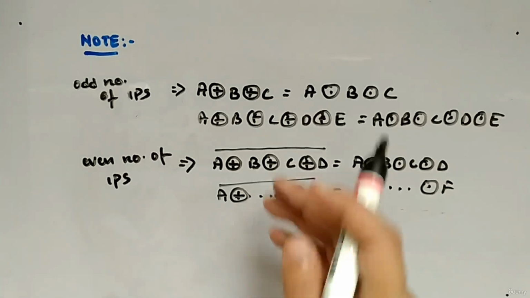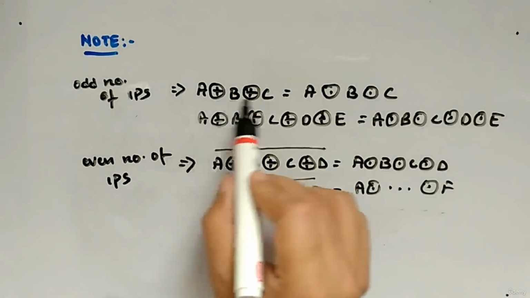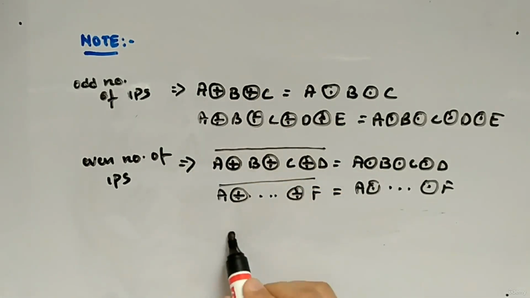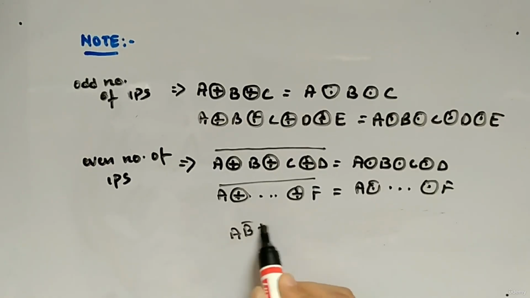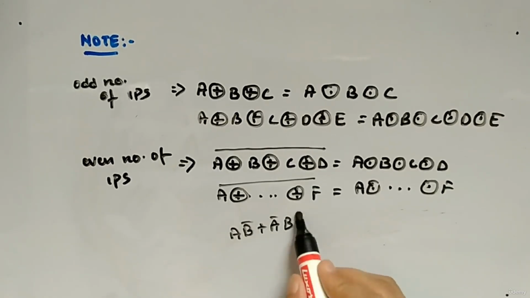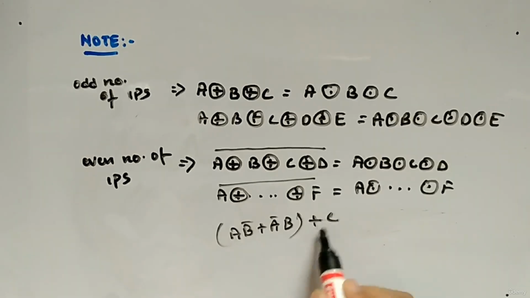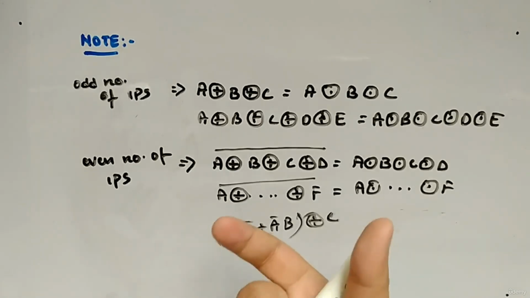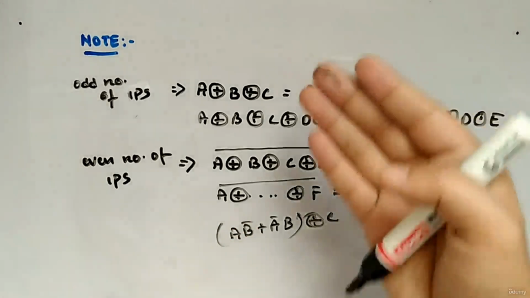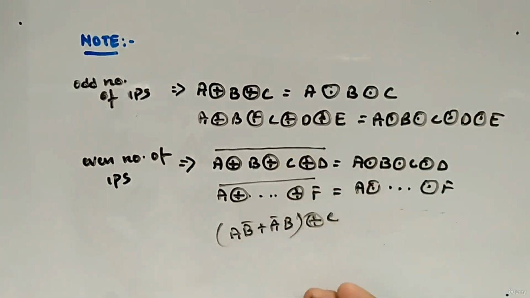Sometimes it is asked, and you can see that even if you open this expression, that A B bar plus A bar B, then doing the XOR with C, and if you open this as well, you will get the same expression. But the pain is too much, right?